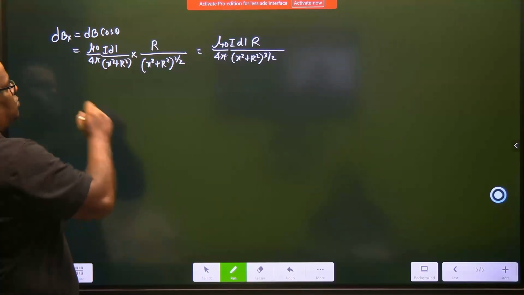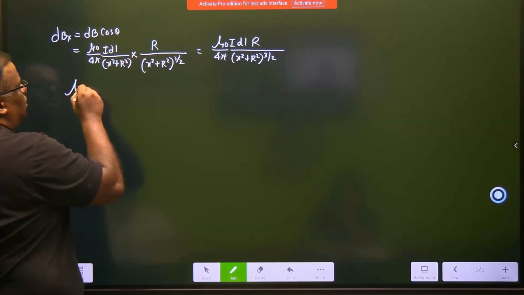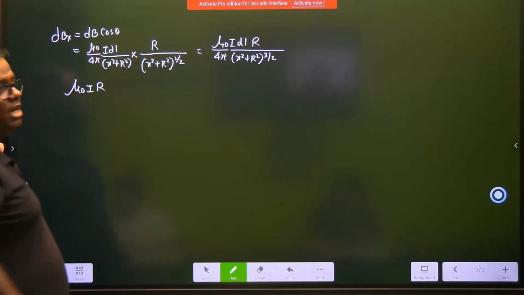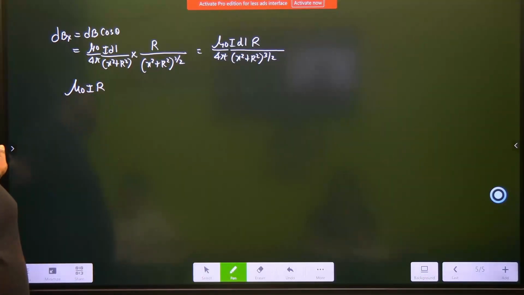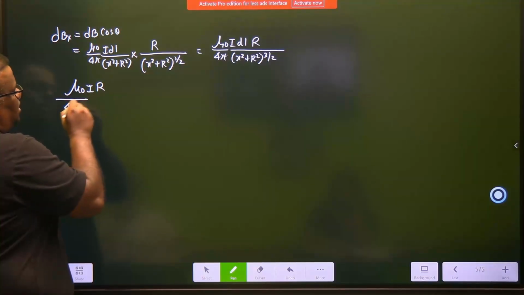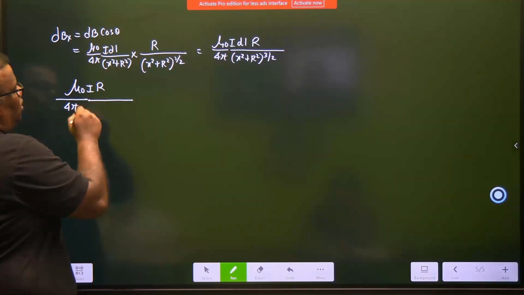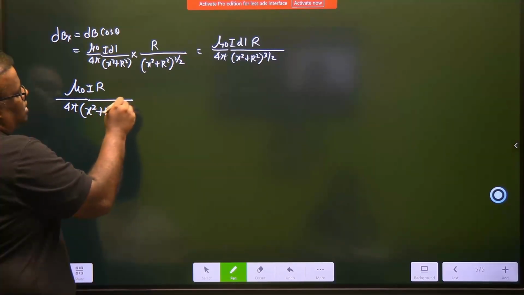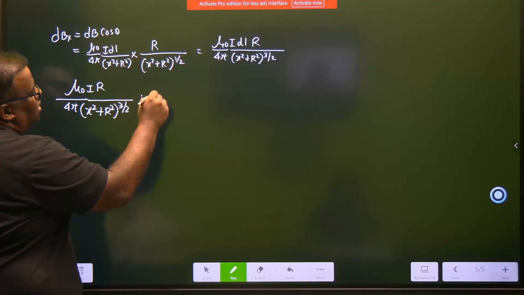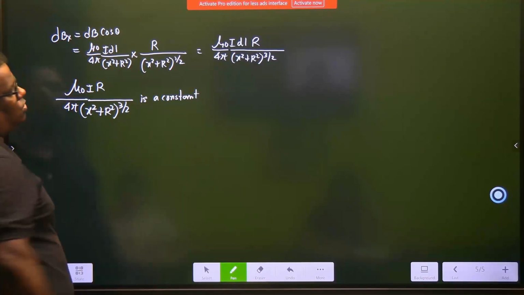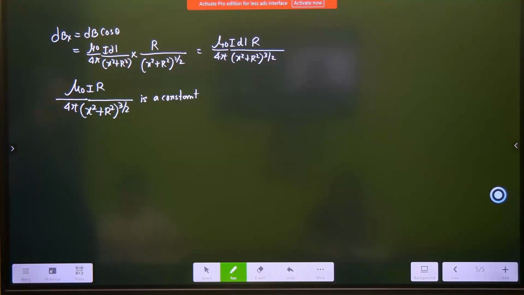Now if you see in this expression, mu naught, I, a steady current is flowing through the loop, r is fixed, 4 pi is fixed, the point at which you are measuring is also fixed, r square is also fixed, and 3 by 2 is a constant. Everything is constant, and only the dl is variable. This whole term is constant.